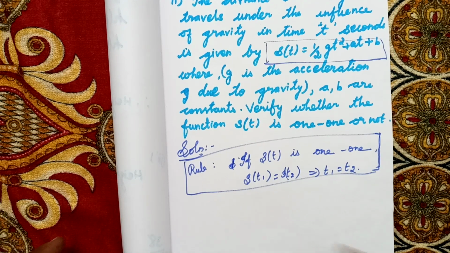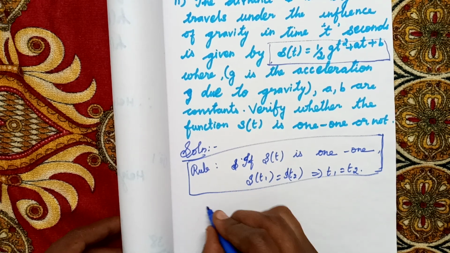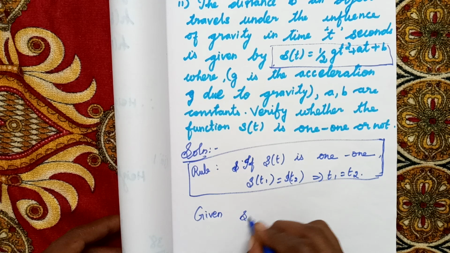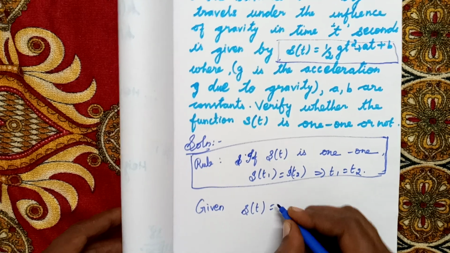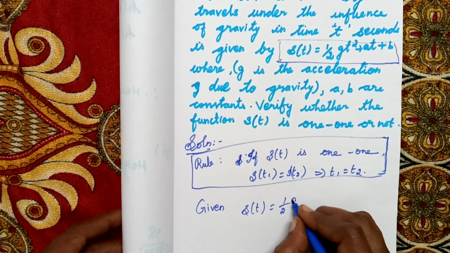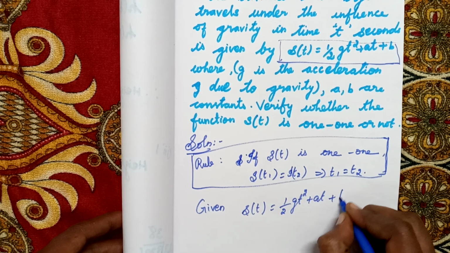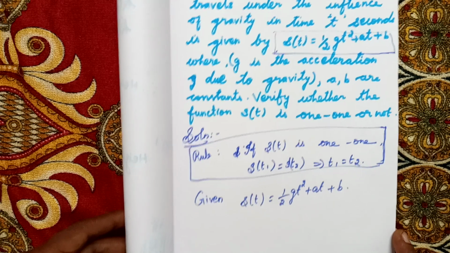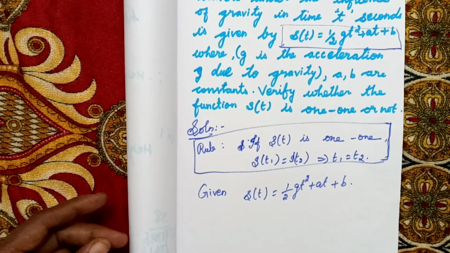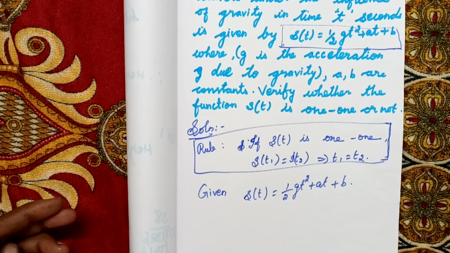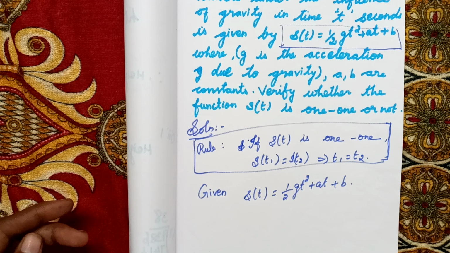First, the given function S of t is equal to half g t square plus at plus b. Now, like the previous problem where h of b was given, so h of b1, h of b2 we had taken.